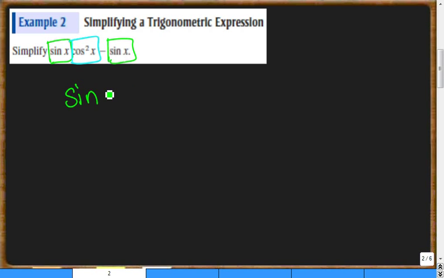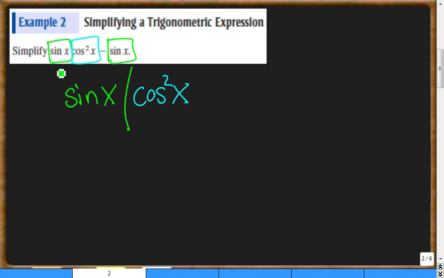So I can simplify this as the sine of x out front. I then have a big bracket because I've removed it. Because I've removed it, I now need to write what's been left. Since I removed a sine from sine cosine squared, I'm left with a cosine squared of x.